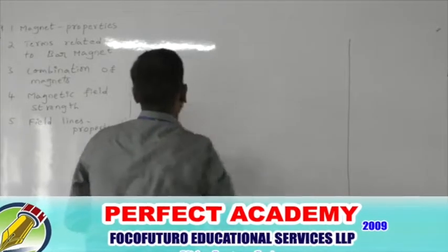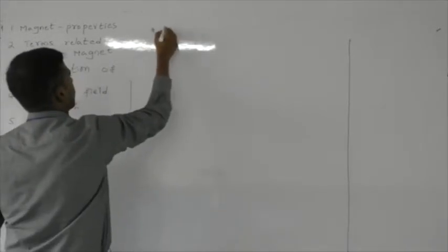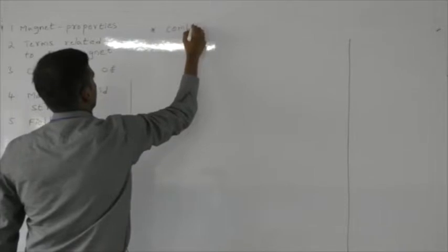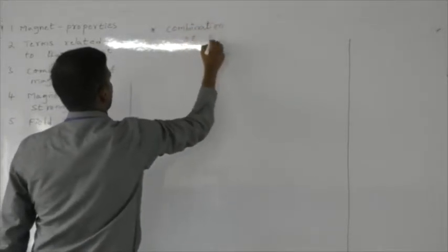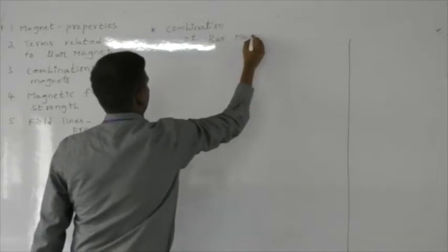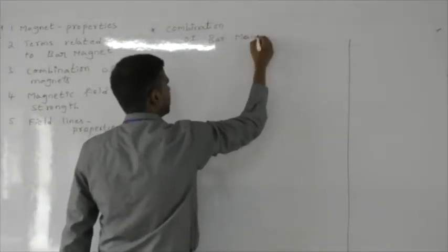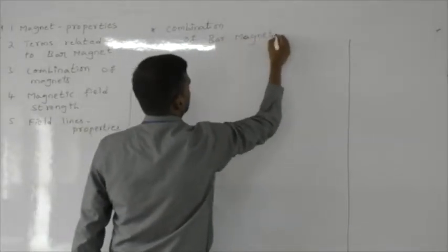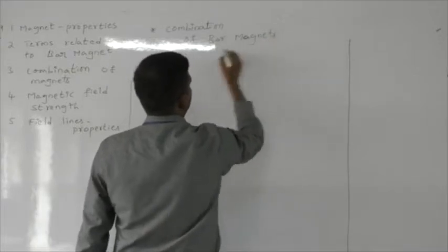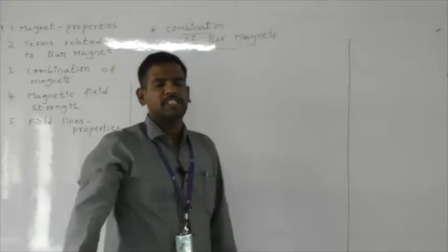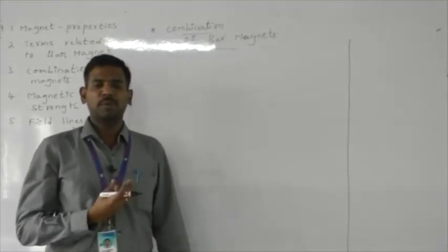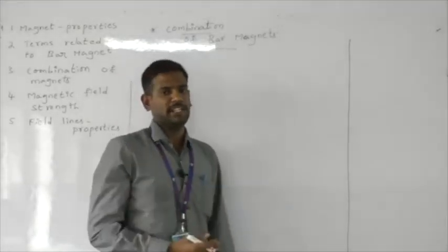Here we need to understand the combination of bar magnets. What are we interested in studying here? We are interested in studying what will be the resultant magnetic moment when the two bar magnets are aligned at some angle with each other.